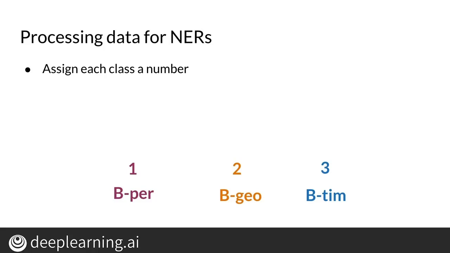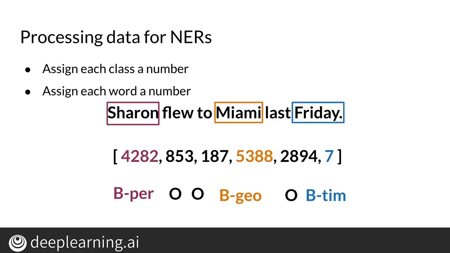So for example, a personal name might be 1, geographical location might be 2, and the time indicator might be 3. Next, assign each word a number that corresponds to its assigned entity class.